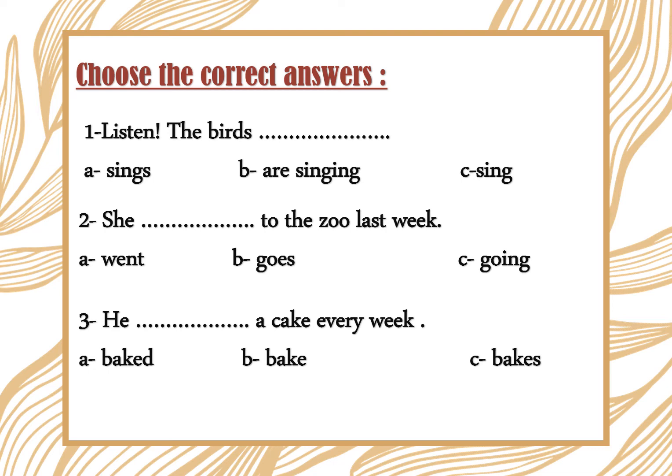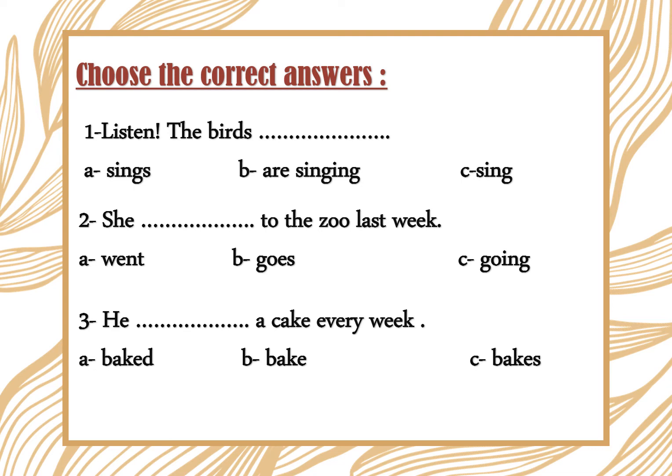Number 1: Listen, the birds. A, sings. B, are singing. C, sing. If you look here, the key word "listen" is a keyword of the present continuous tense.